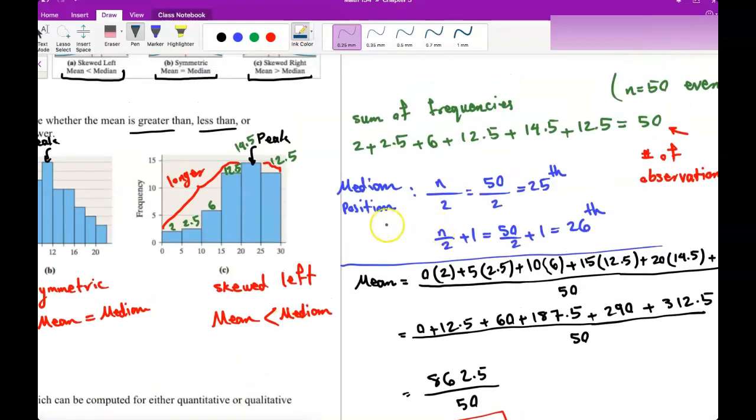Now let's see where our median is. Adding all these, we have 2 plus 2.5 plus 6 plus 12.5 plus 14.5, that is 10.5, this is 23. So obviously 25th is here and also 26th is here. So here we have the median.